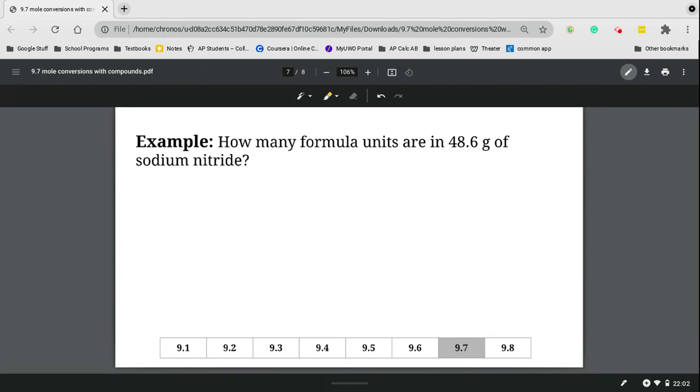How many formula units are in 48.6 grams of sodium nitride? Sodium has a charge of +1. Nitrogen, that's a -3. Cross that out, that's Na3N.